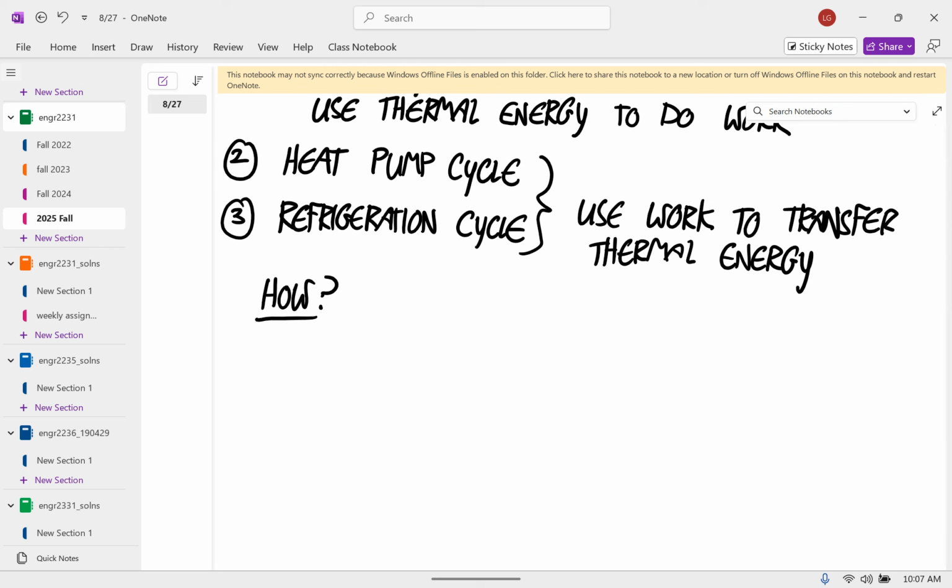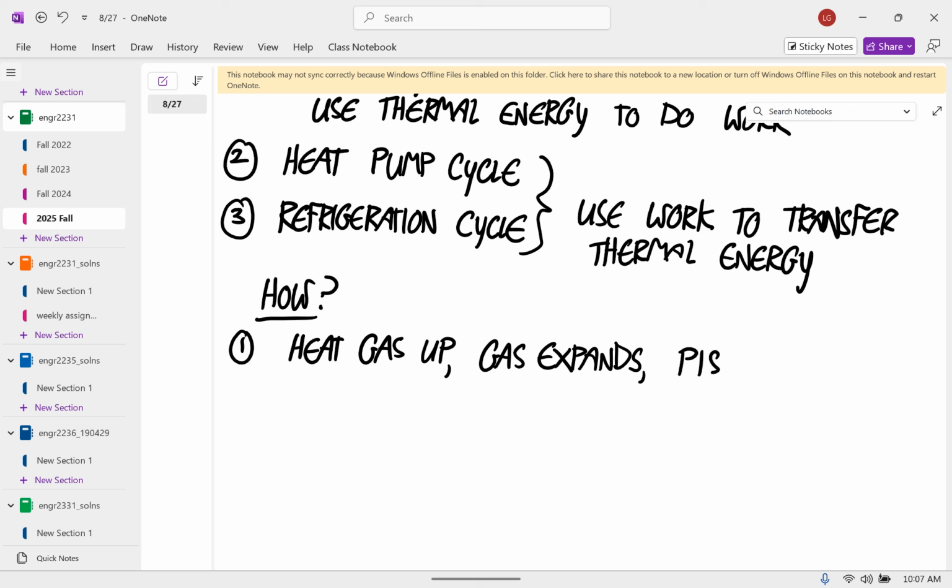How do we do these? So first, if you heat a gas up, the gas expands. A piston rises, or it pushes out whatever the gas is contained in.